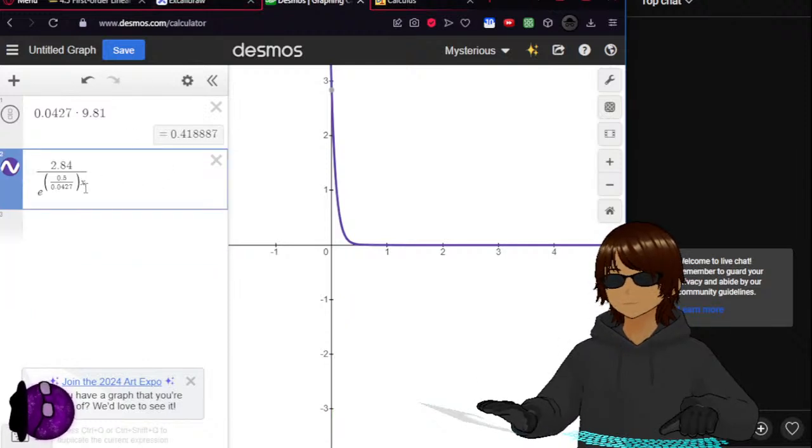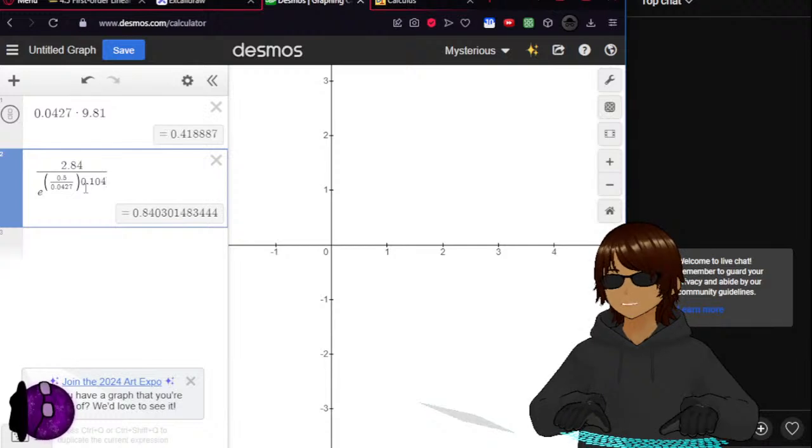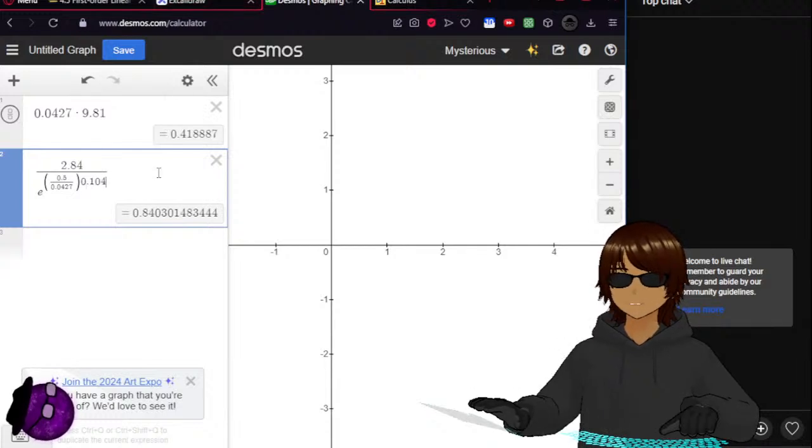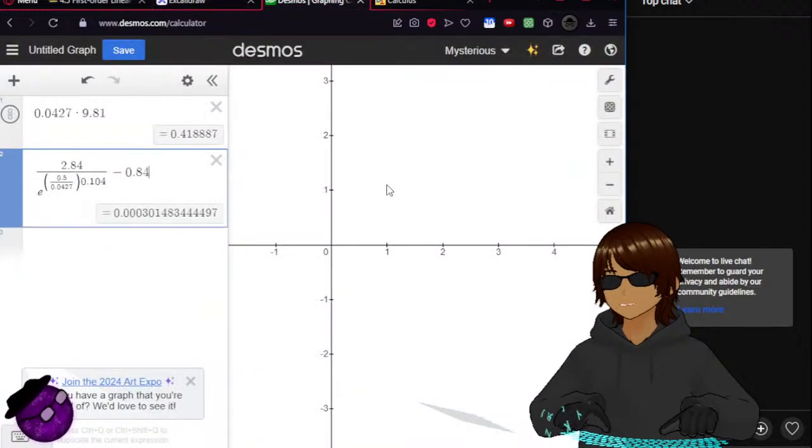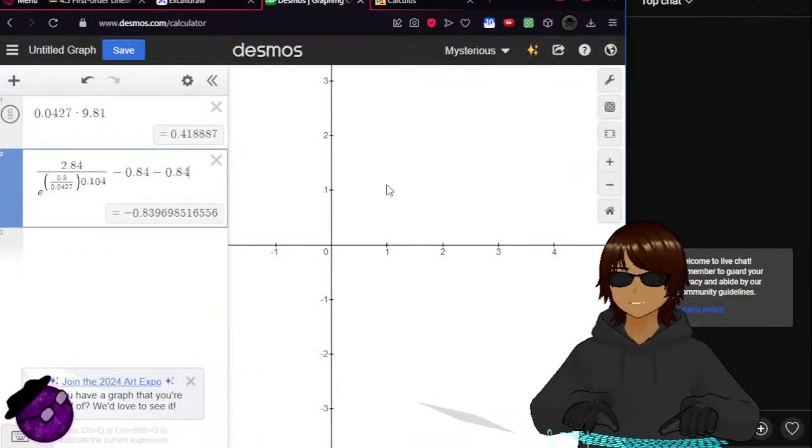So we take this 0.104 minus 0.84, then minus 0.84 again.